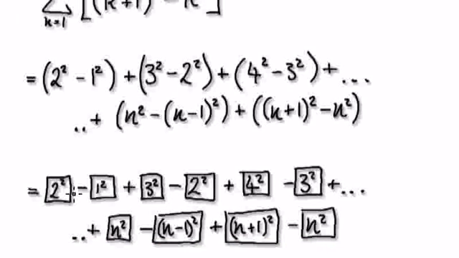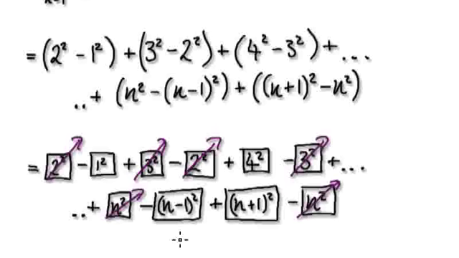But this one here will cancel out with this one here, and this one here will cancel out with this one here, and as it turns out, the terms of this whole sequence will cancel each other out. This term here will cancel out with the previous term here.